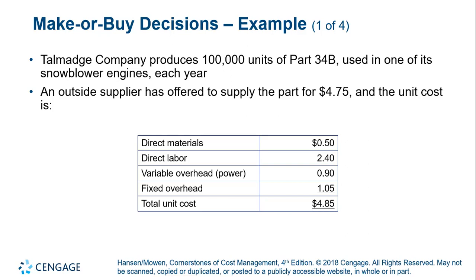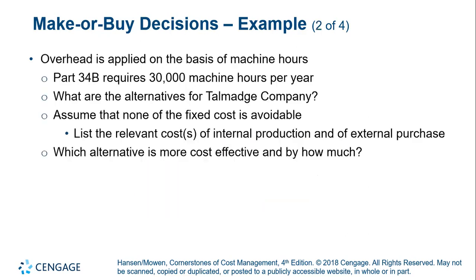The unit cost for internal production is 4.85, including direct materials, direct labor, variable overhead, and fixed overhead of 1.05. Overhead is applied on the basis of machine hours. Part 34B requires 30,000 machine hours per year.